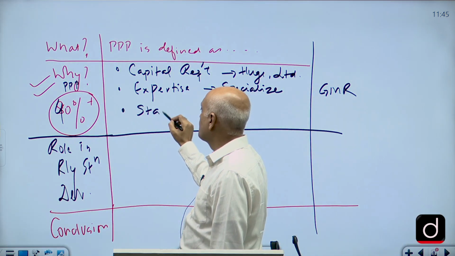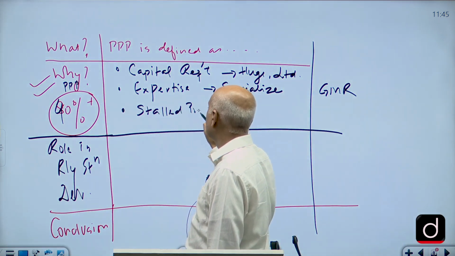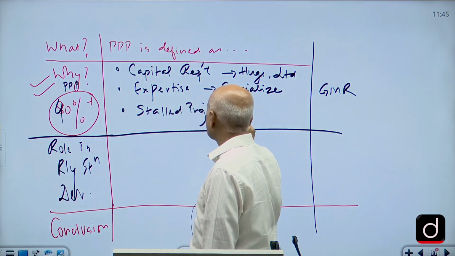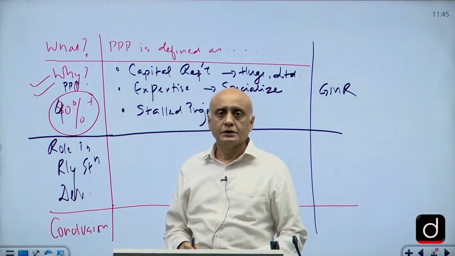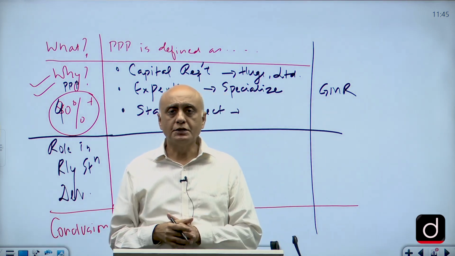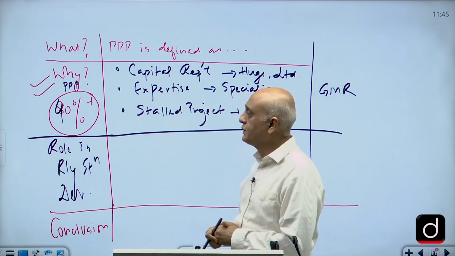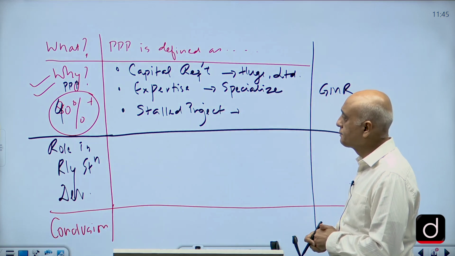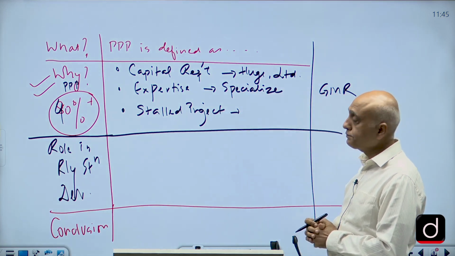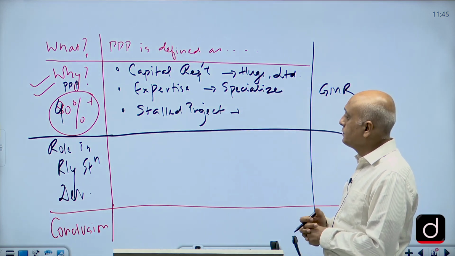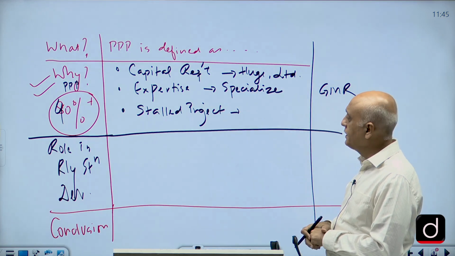There is a problem of stalled projects in India. Stalled projects means the projects which could not be completed in the due time frame. So it increases the cost, it increases the wastage of resources in the economy.